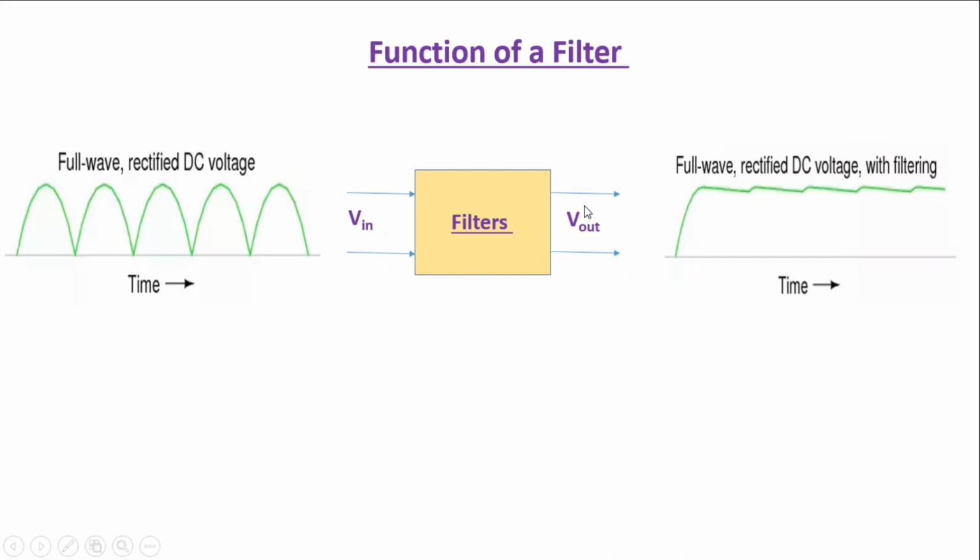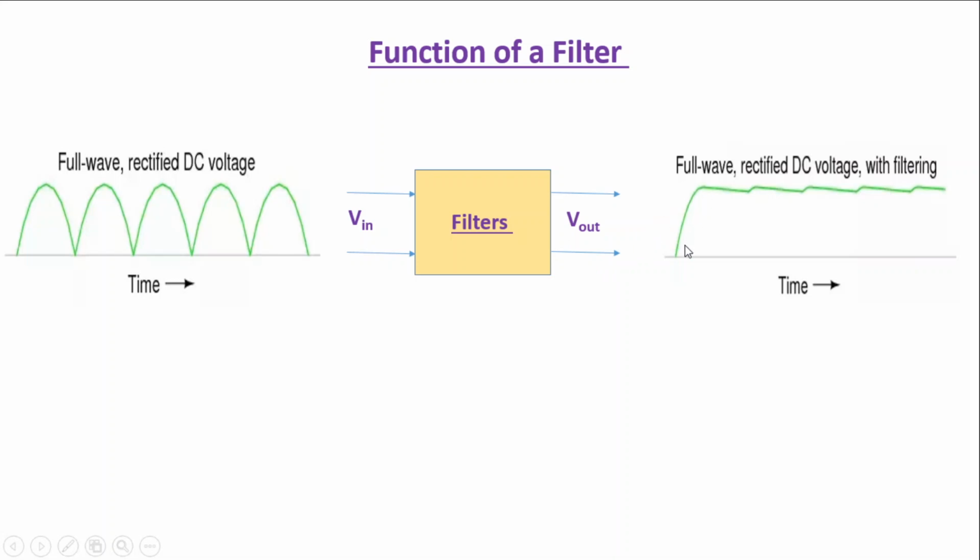We can see that this output will be almost very smooth. The input signal was really a sinusoidal kind of voltage variation, but that much variation is not there in the output voltage after filtering, right?